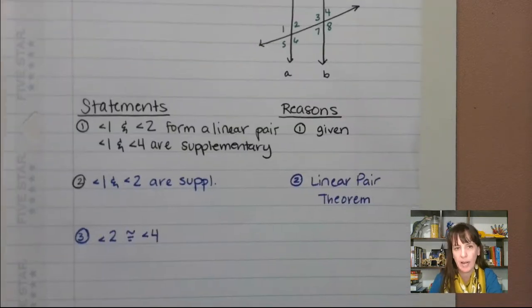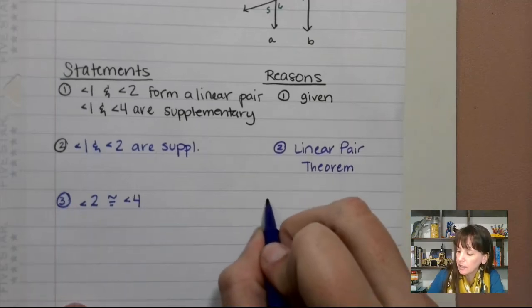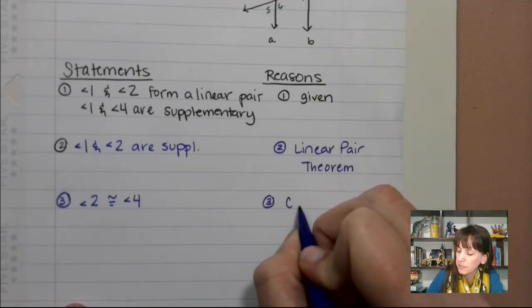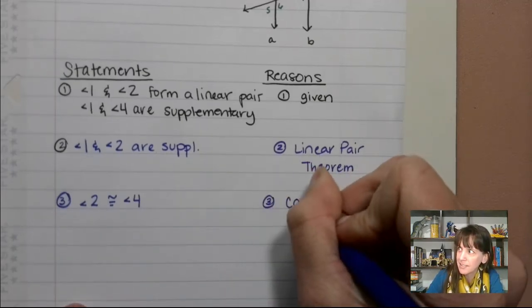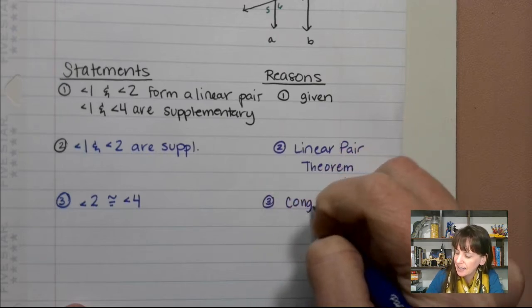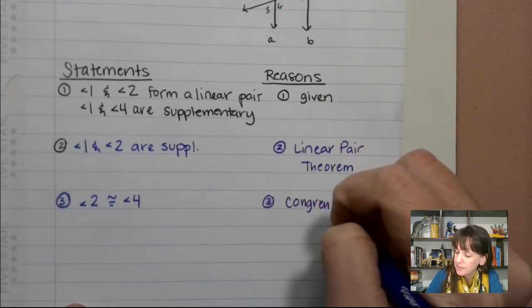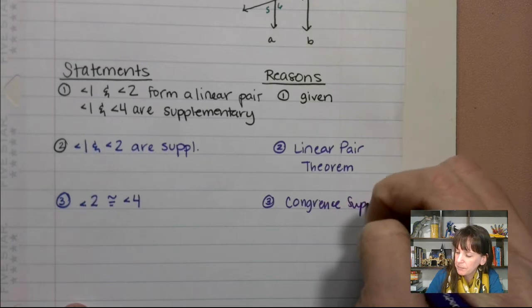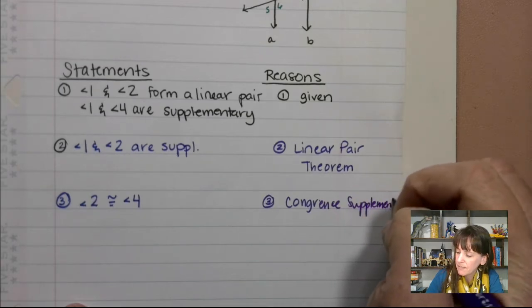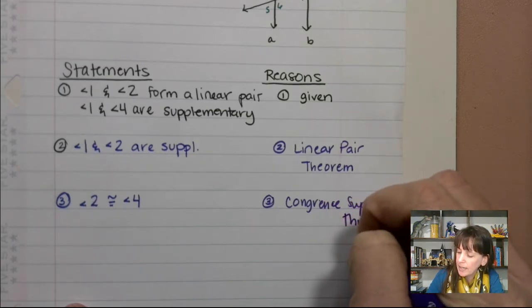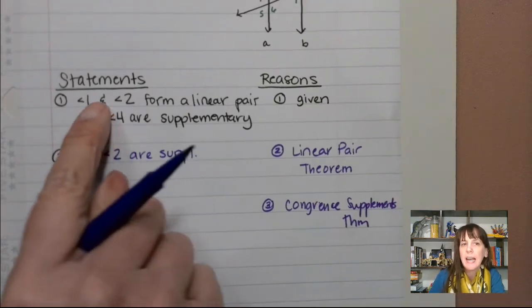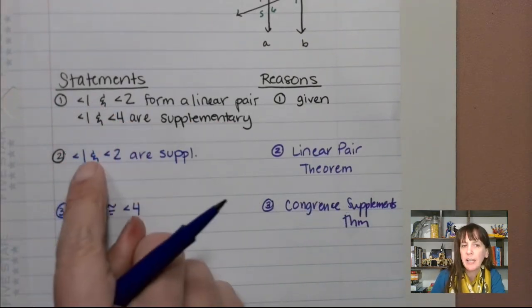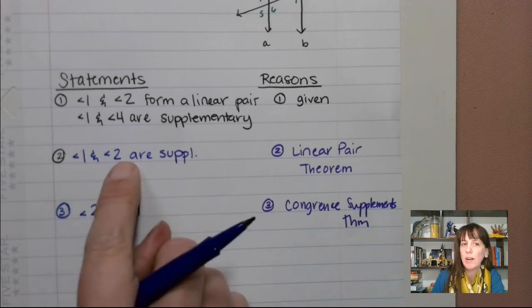And here is why. This is called the congruence supplements theorem. Okay, so what that means is, if you take a look, angle 1 and angle 4 are supplementary, and angle 1 and angle 2 are supplementary.